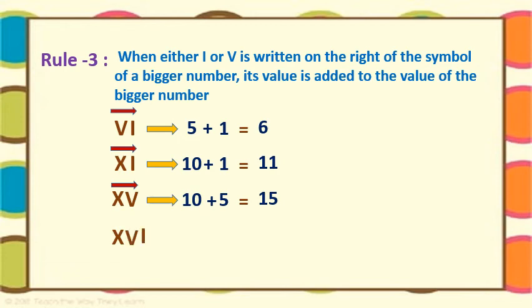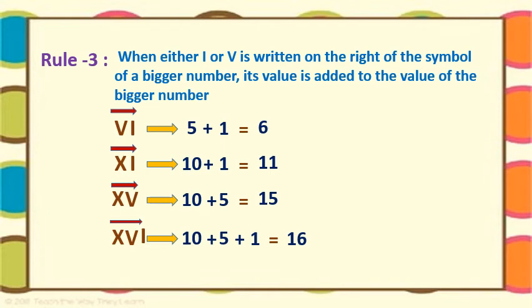And last one, 3 symbols are used here. And to the right we have written. So it is 10 plus 5 plus 1. That is nothing but 16. Very good. This is very simple. This is the third rule.